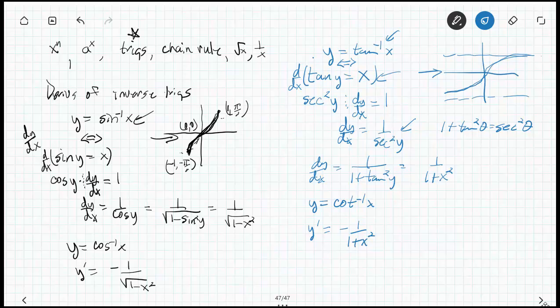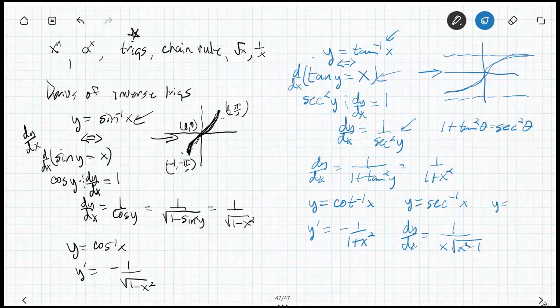If y is equal to inverse secant of x, then dy over dx is equal to 1 over x times the square root of x squared minus 1. This is kind of a fun one, so maybe you could do it on the side, or for some extra credit if you can convince your mean and nasty teacher to do it for you.